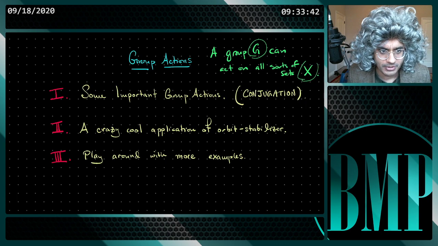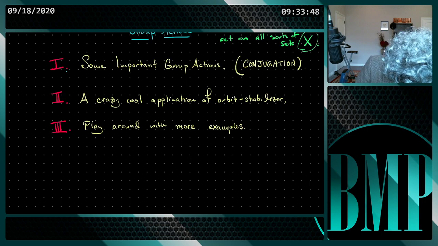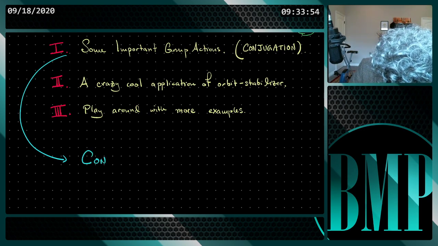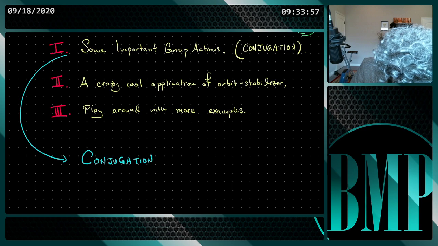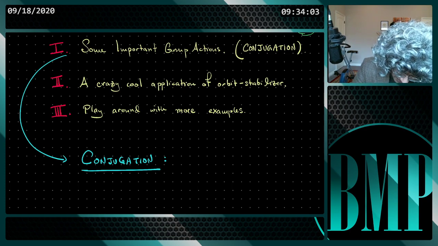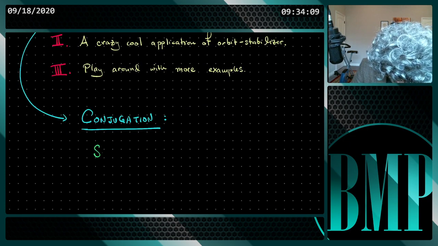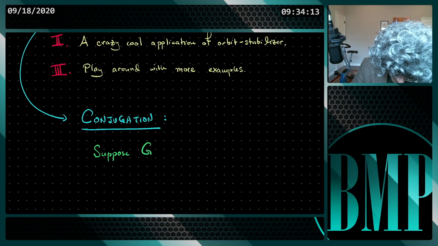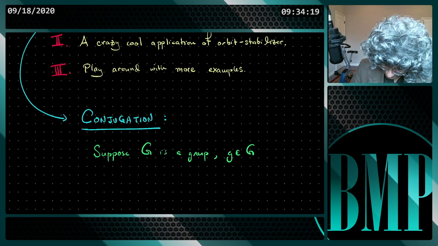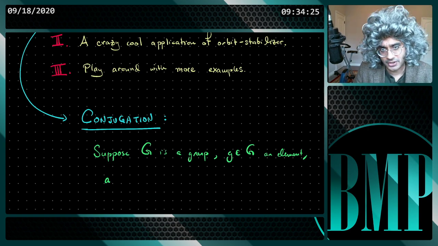So now, the first thing I'm going to talk about are very important group actions. I'm going to focus on one particular one: conjugation. Here's how it goes. I'm going to define what conjugation means. Suppose G is a group, and little g, of course, is an element, and then little a is an element too.